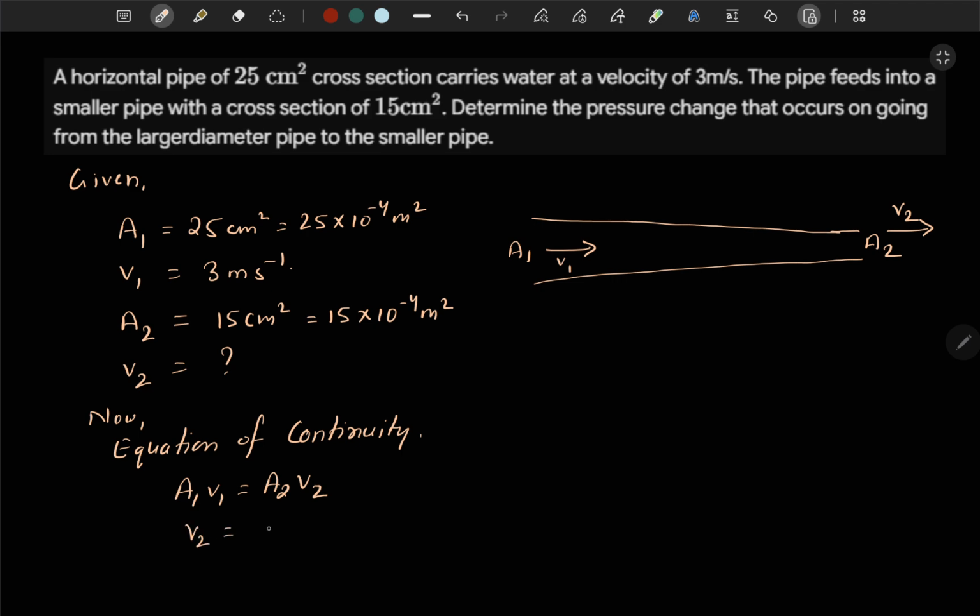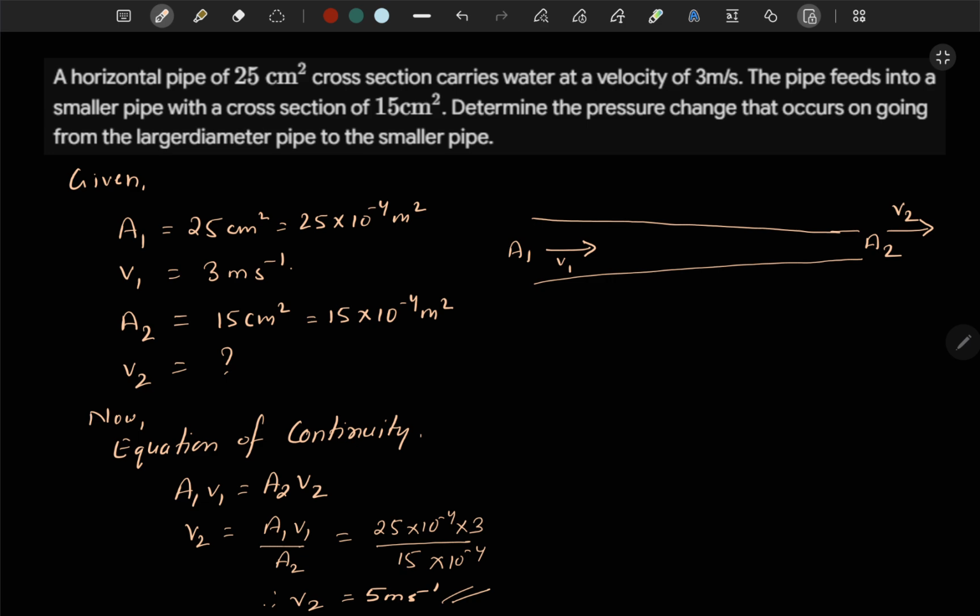So V2 is equal to A1 V1 by A2 as 25 into 10 power minus 4 into 3 by 15 into 10 power minus 4. Therefore V2 on calculation gives 5 meter per second. So we get this value, 5 meter per second as V2.